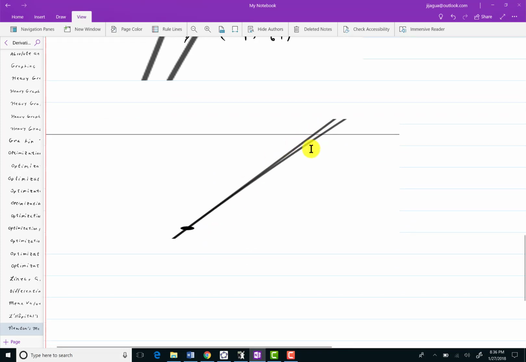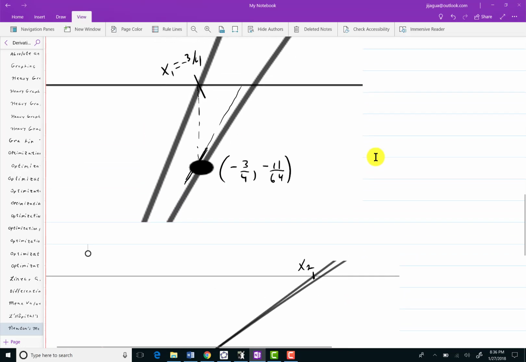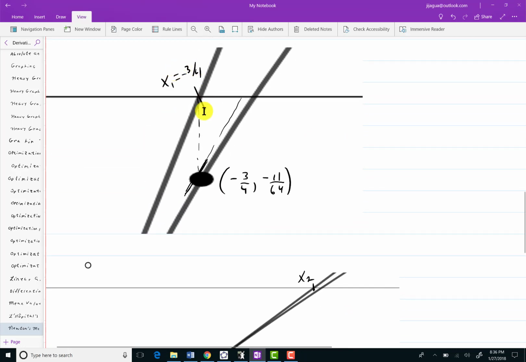And that'll be up here. That'll be my x2. Well, how do we do that? Well, I calculate a new tangent line for x equals negative 3/4. So we already had f prime of x was 3x squared plus 1.